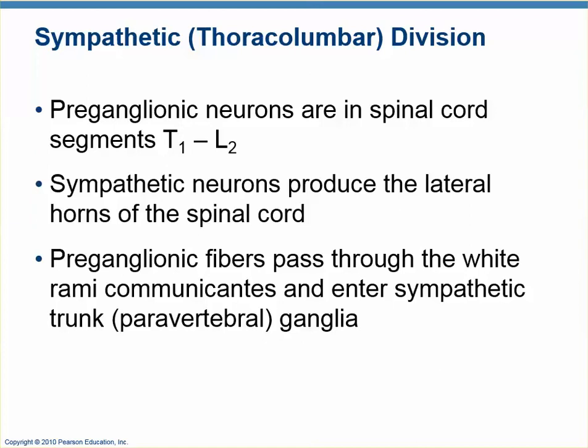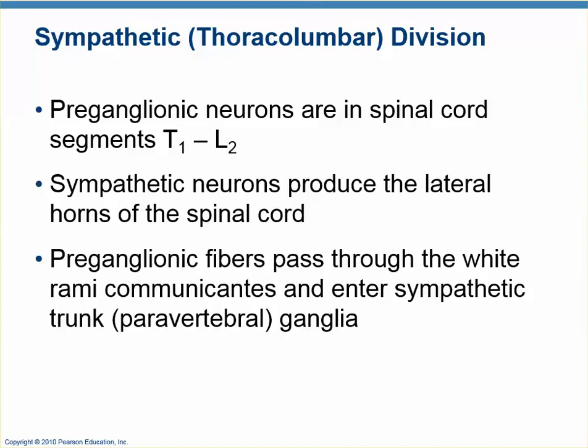The sympathetic neurons actually start in the lateral horns of the spinal cord. So it starts in the gray matter just to the lateral. There's like a little bump in it. So it's not that important, but that's where it goes.